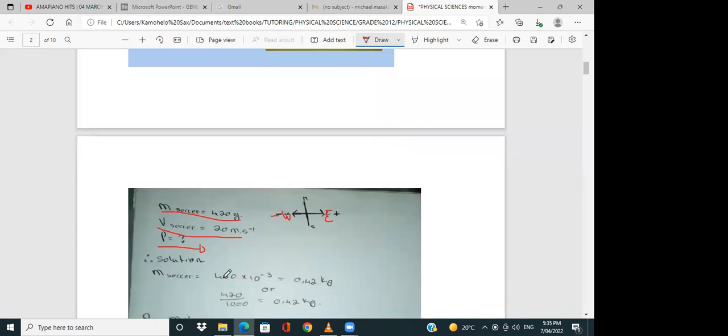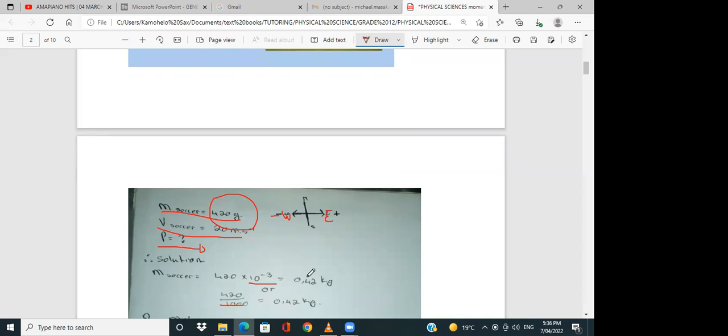Now, how do we tackle this question? Firstly, we have to convert our mass into kilograms, guys. Why? We have 420 grams right there, and we have to convert it into kilograms. The only way to convert mass from grams into kilograms is to multiply it by 10 to the power of -3 or divide your mass by 1,000.